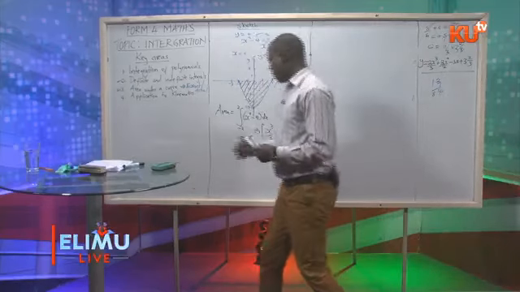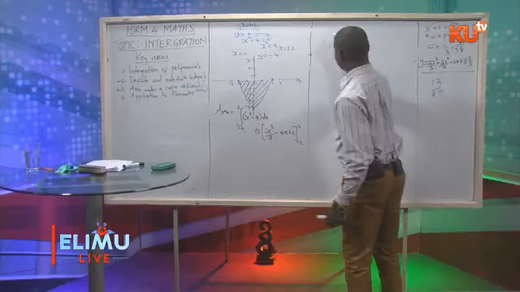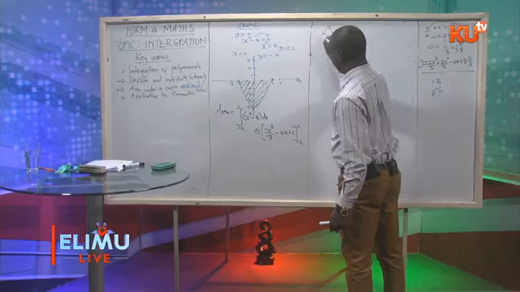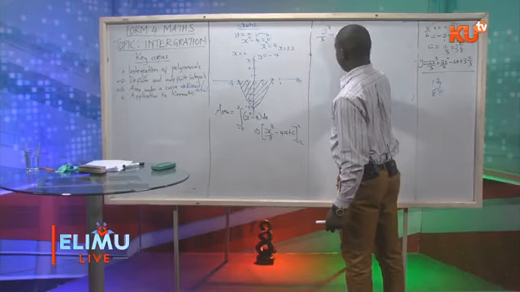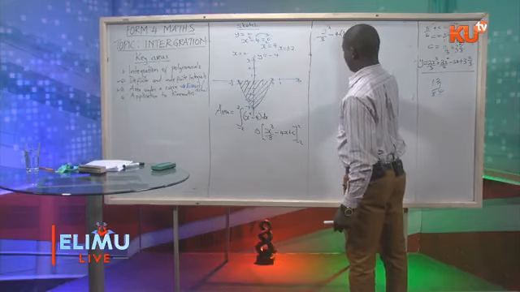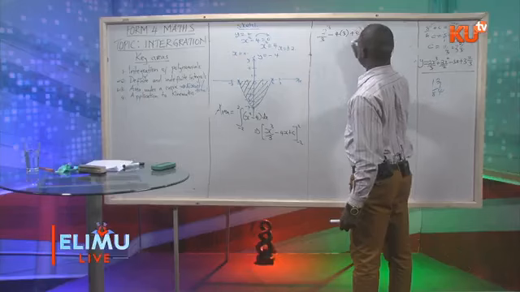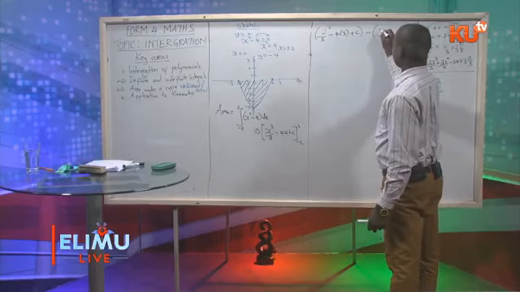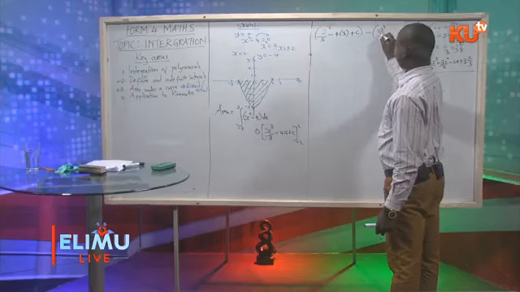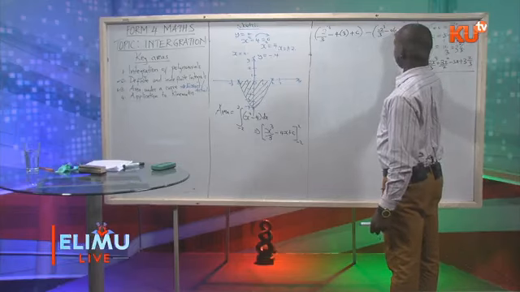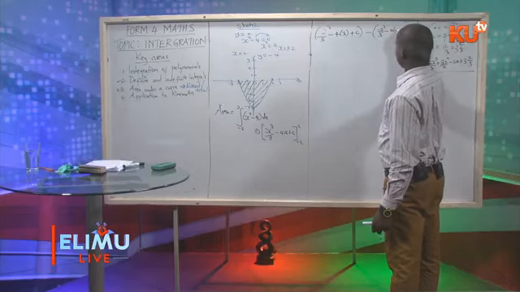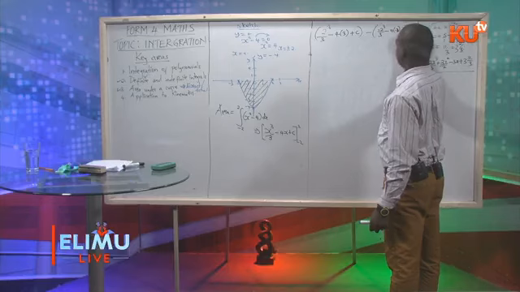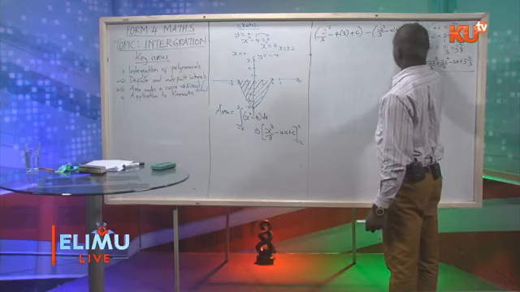So if we substitute in, we have 2 to the power 3 over 3 minus 4 into 2. We add c, then we minus, when it is -2, we have -2 cubed over 3 minus 4 into negative 2, then we add c.